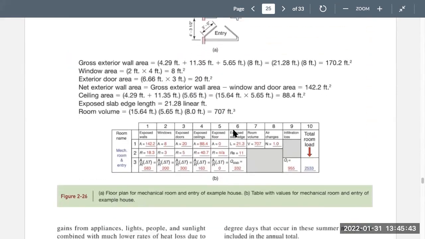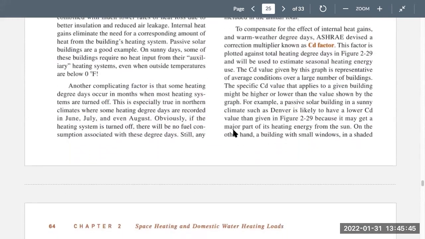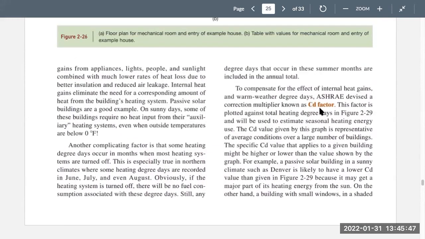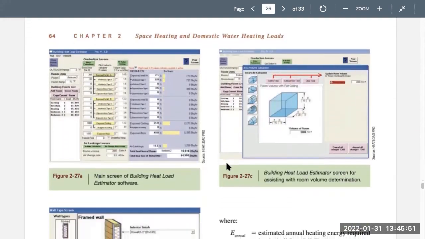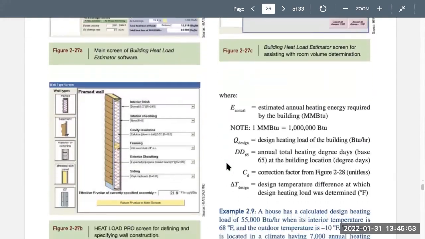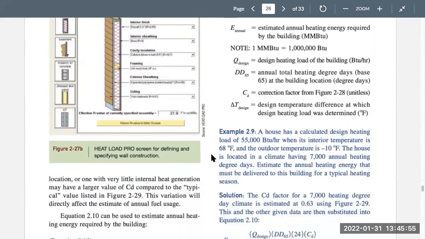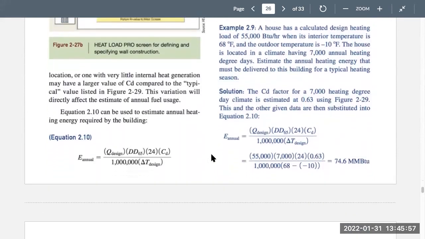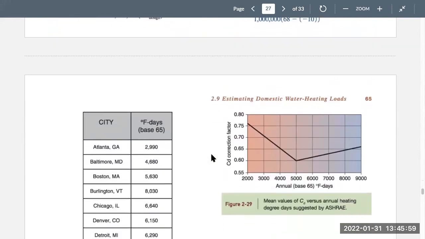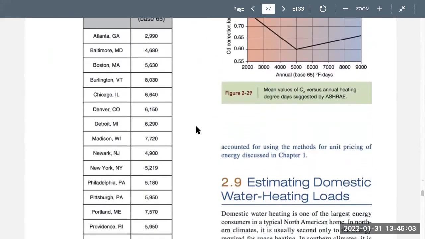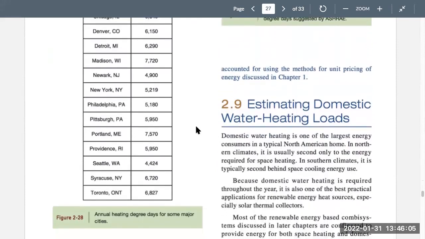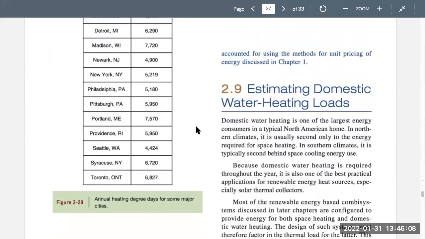I'm going to speed us up here a little bit. We're not going to be dealing with CD factor at all. It starts to get way too complicated. And I think we've done a good job of trying to learn how to do this without piling on all of these formulas that we have to remember. And then they also go into estimating domestic water heating loads, which there's more than one way to do this.